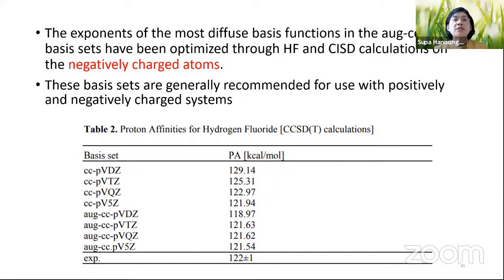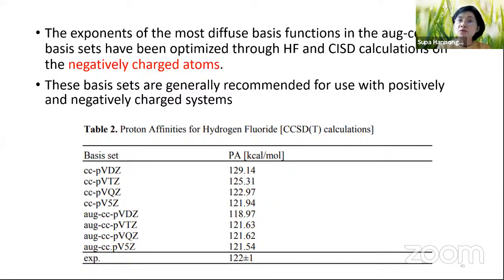And I'd like to give you a little example: the components of the most diffuse basis function in the OCC-PV exact basis set have been optimized through Hartree-Fock and CISD calculations on the negatively charged atoms. This is very important, because a basis set that deals with negative charge is not easy to handle in the integrals or the calculations.